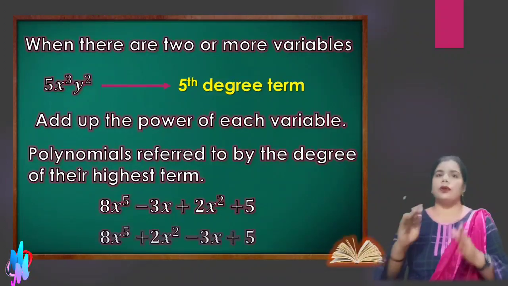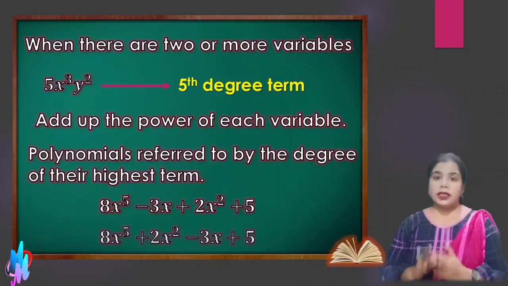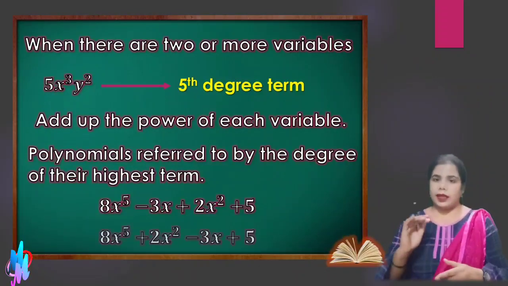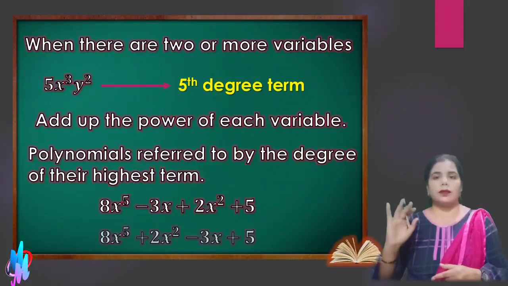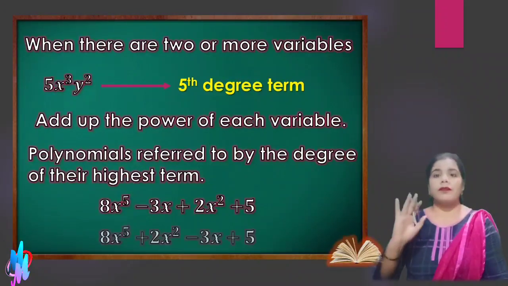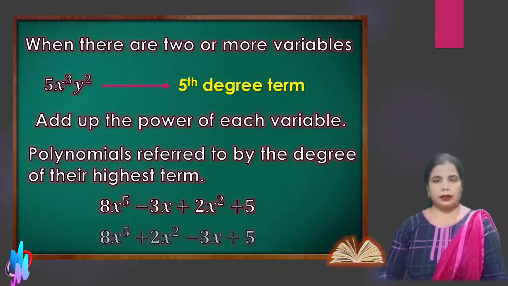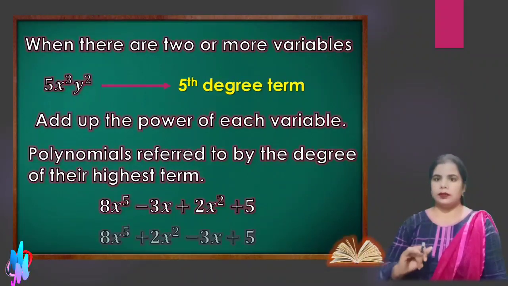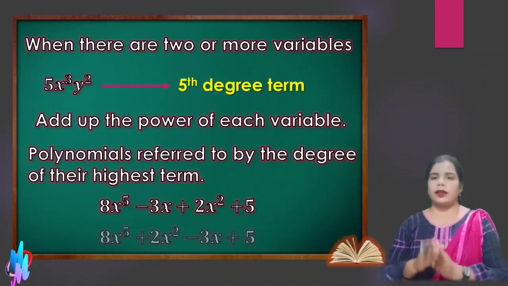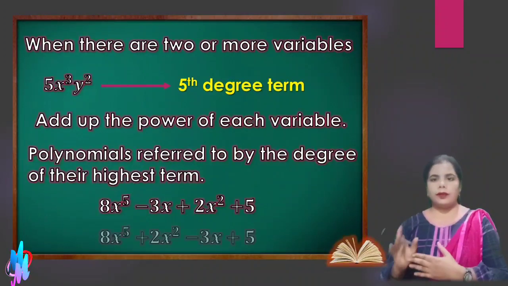Okay, so what is the highest degree used here? X to the power 5 means fifth. So this polynomial is called as the fifth degree polynomial. Did you get this one? Likewise, we have to arrange. Likewise, we have to call the polynomials.